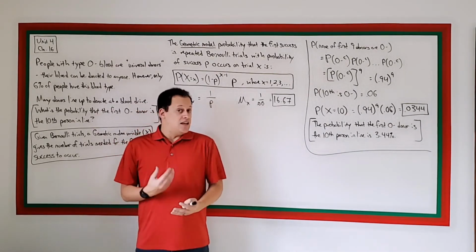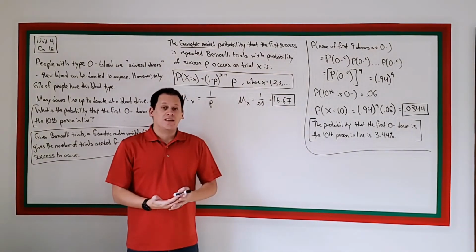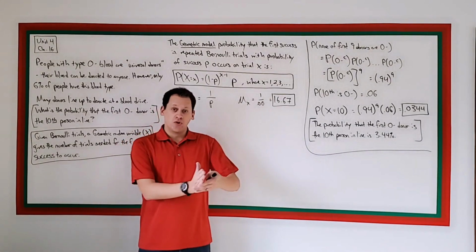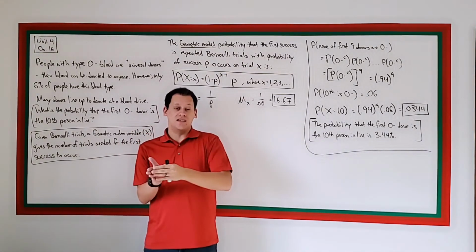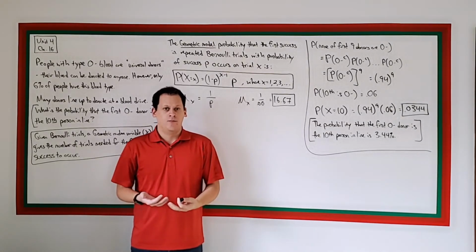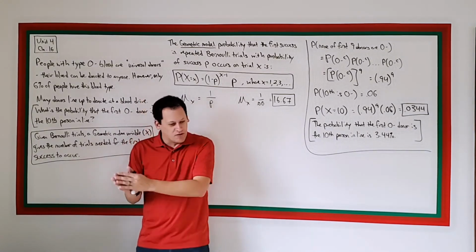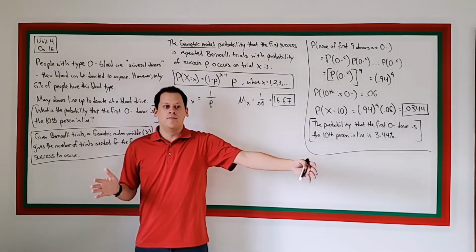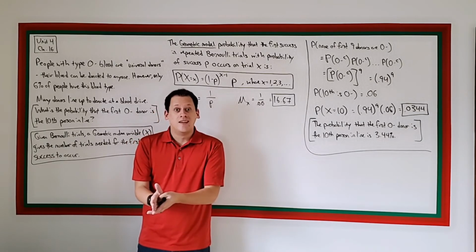It means that if 6% of people have type O negative blood, then you would expect to see the first person have O negative blood approximately 16.67 people into the line on average. Right? So if you had lots of different lines of people at a blood drive, sometimes the very first person in line would have O negative blood.